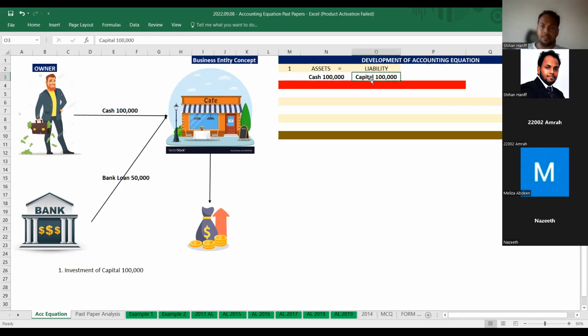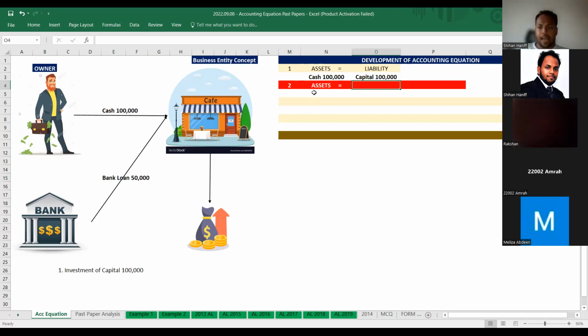So we create the initial accounting equation: assets equals capital, 100,000. Then the second transaction which we have taken is the bank loan. Now the business will have 150,000 cash. The owner has invested 100,000. The bank loan is 50,000.